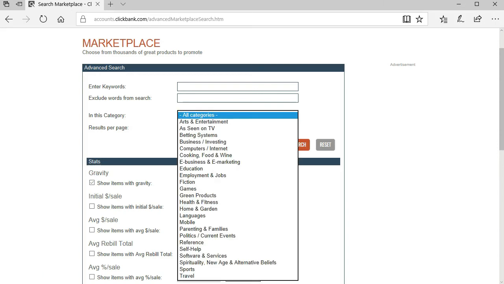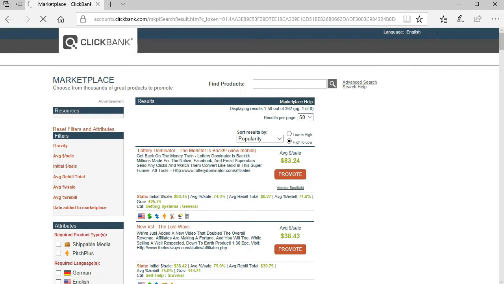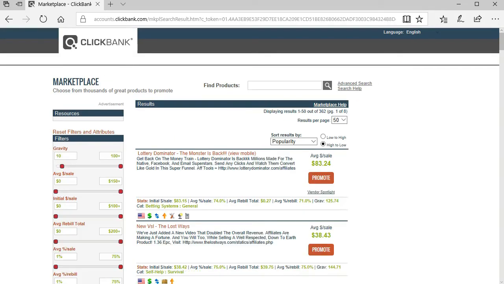We're going to stick with all categories just to see if ClickBank will give us a list of results based on simply entering a gravity score that has to be higher than 10. Let's see what happens. Now we're getting a list of products whose gravity scores are higher than 10.